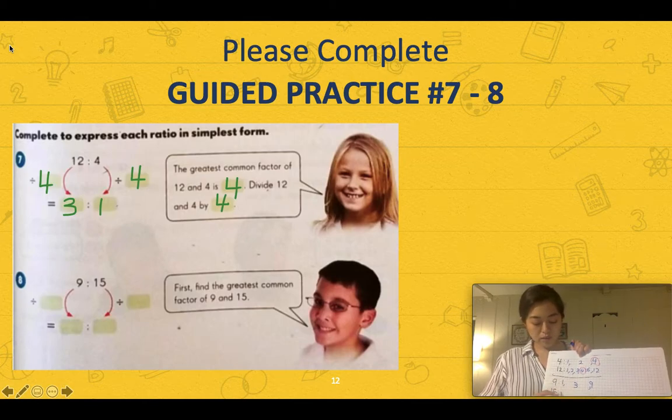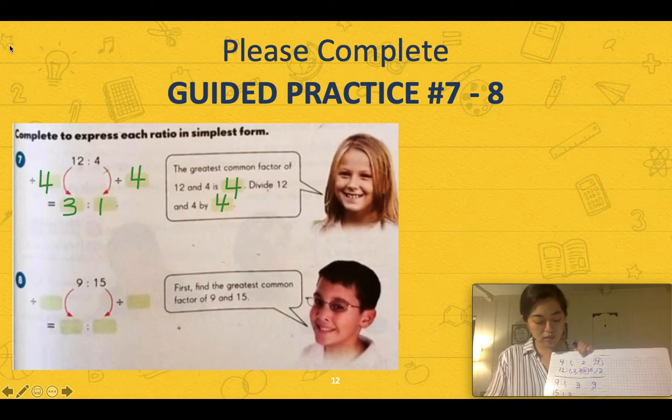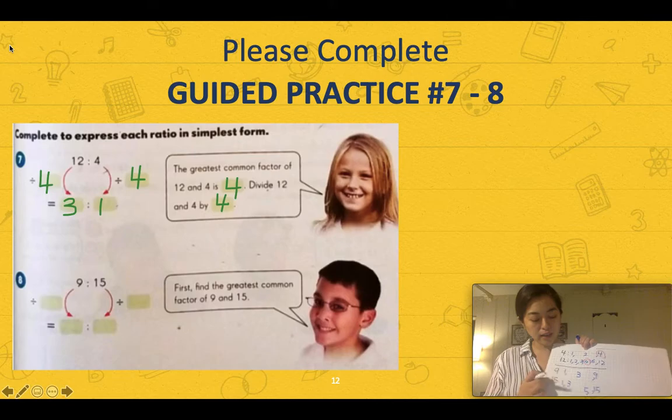All right, what about 15? 1 and 15. What else? Oh, 2? No, because it's not an even number, right? 3 goes into it, 3 and 5. Anything else? 4 doesn't, 5 does, but I already wrote 5, and so that's it.